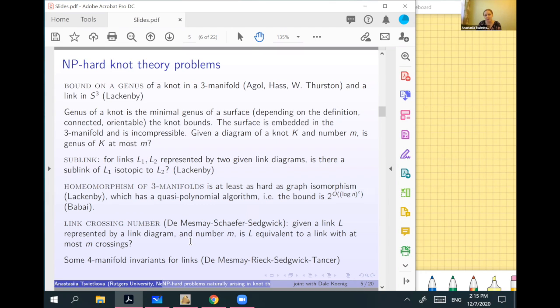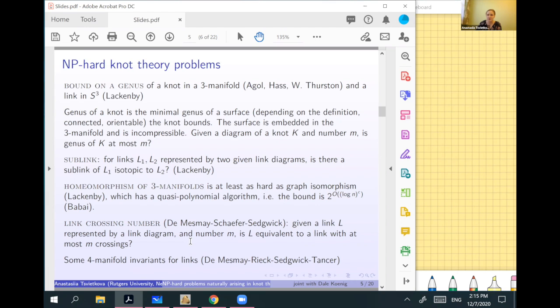So again, what Lackenby argued is that there are maybe more core problems in that theory, and we should try to prove that those are NP-hard as well, because it looks like they will be. One of them is homeomorphism of three manifolds, or if you look at link isotopy, so we know that knots are determined by their complements in the three sphere due to the Gordon-Luecke theorem.